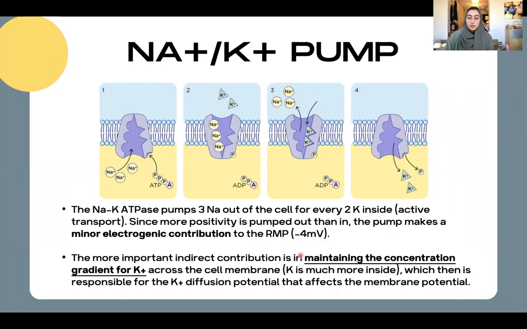But the main role it plays is in maintaining the concentration gradient. Electrically, it doesn't make it more negative by that much. It's just negative 4 millivolts. But the reason we need the sodium-potassium pump is because you want to maintain the concentration gradient. So it's an indirect contribution more than a direct contribution.